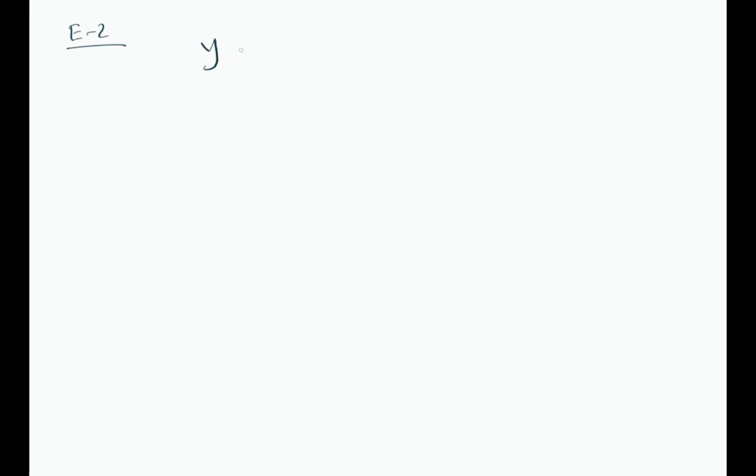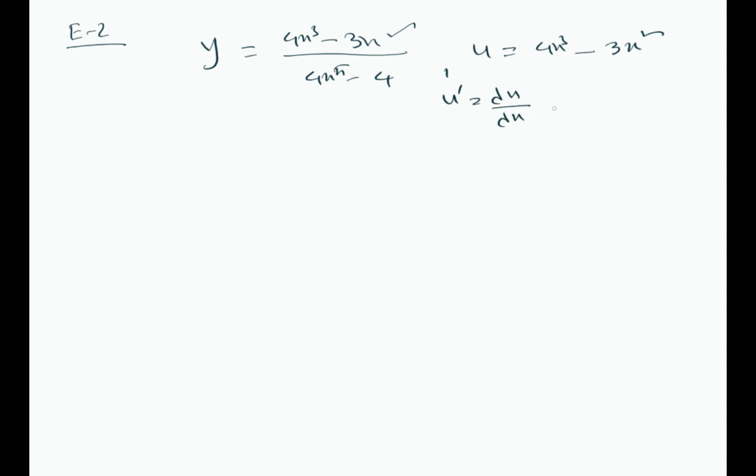For example 2, we have a function y is equal to 4x cubed minus 3x squared divided by 4x to the power 5 minus 4. So let u be equal to 4x cubed minus 3x squared. So u prime or du/dx is equal to, here we have a constant, so we need to use the constant multiple rule plus the power rule.